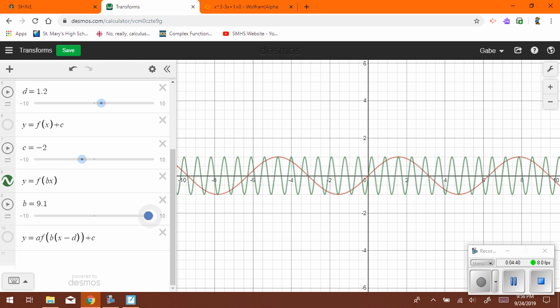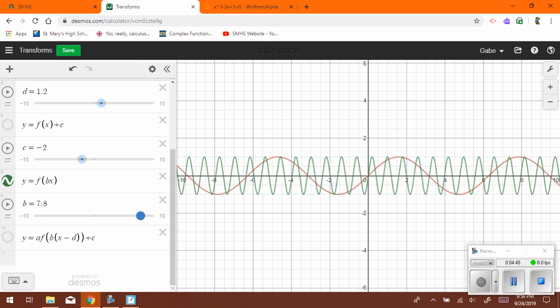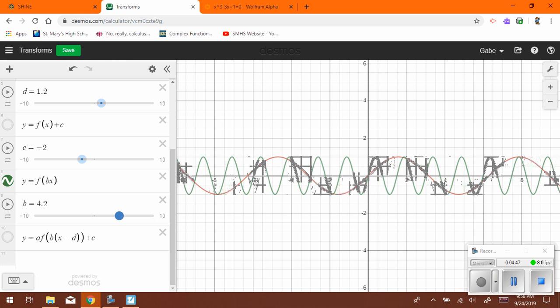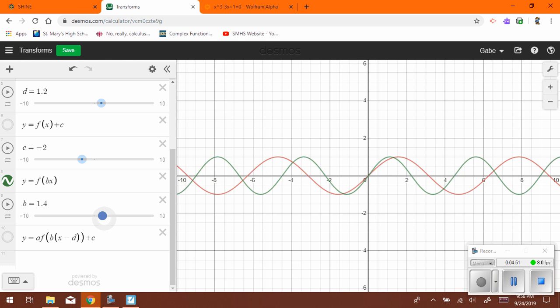As b gets bigger and bigger, this gets more and more sandwiched in the middle. Now I'll start moving back out. Now b is around 1, it's matching up. When b is smaller than 1, it gets stretched out some more. It's getting wider and wider in the horizontal direction, so it's a horizontal stretch.